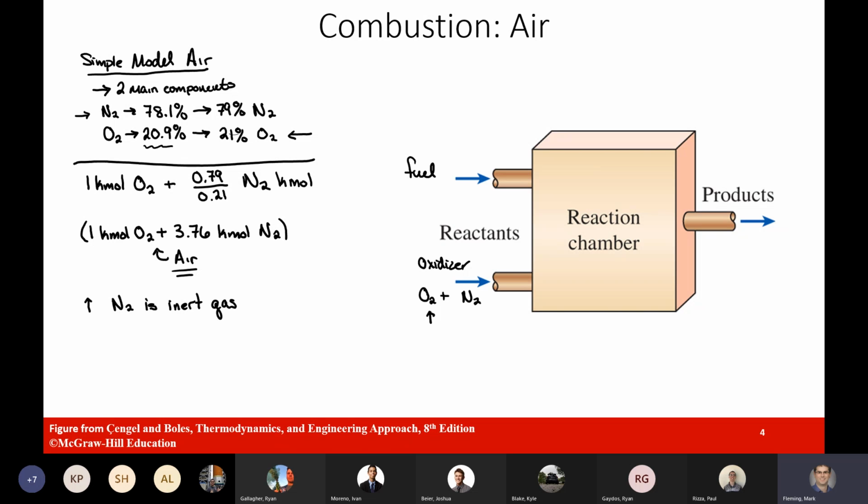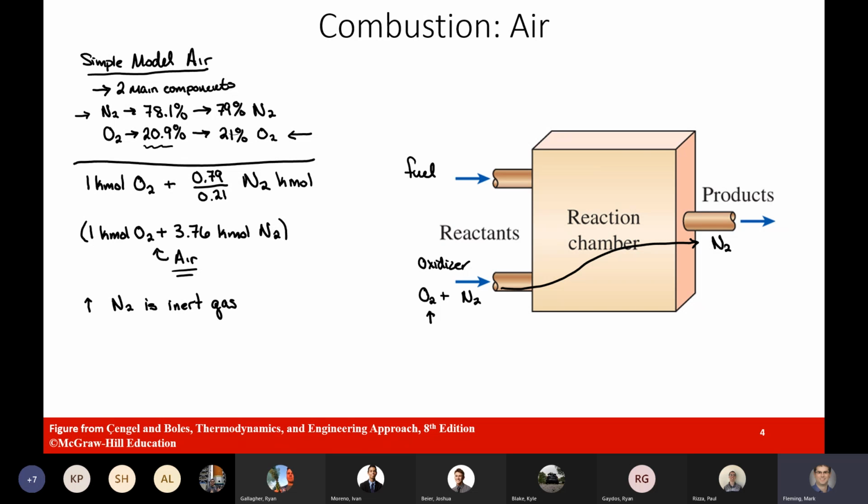We have to keep track of it because it's going to come out as our product. If we go over here on the product side, this nitrogen just kind of goes through, but the energy that's released, it's going to take some of that energy. So we do need to keep the nitrogen involved in the reaction. We can't just get rid of it, because it's going to play an important part in determining the temperature of the combustion products after the reaction.